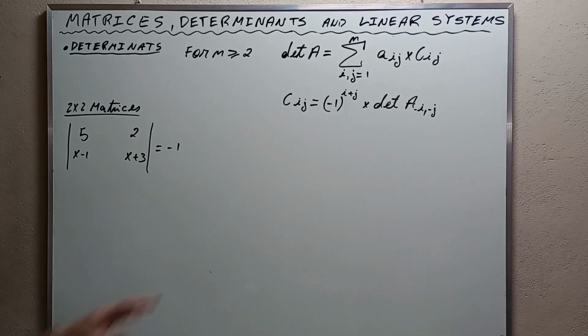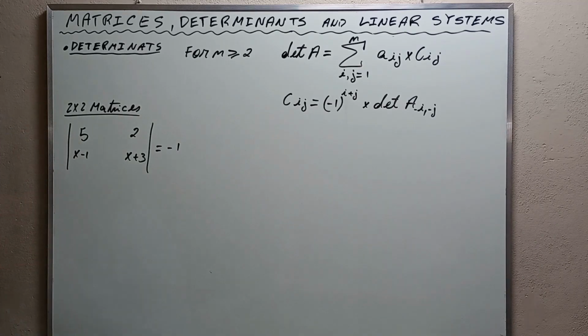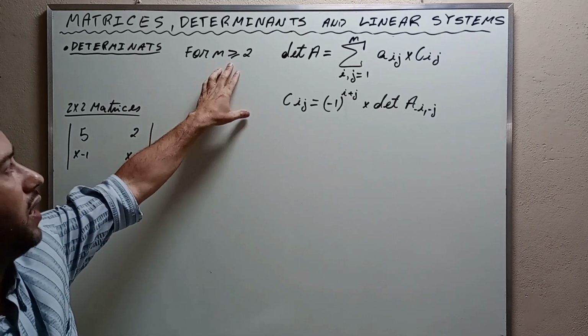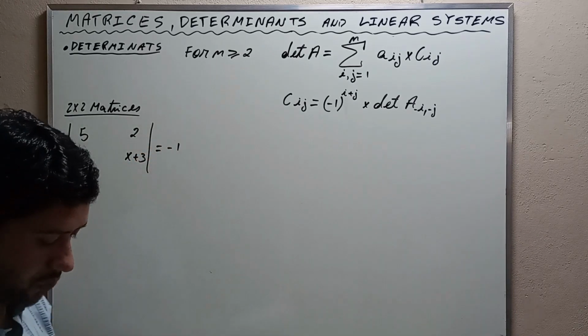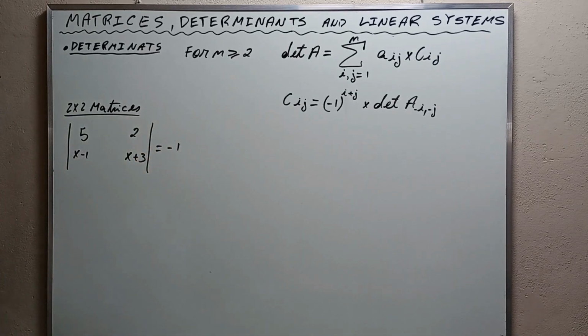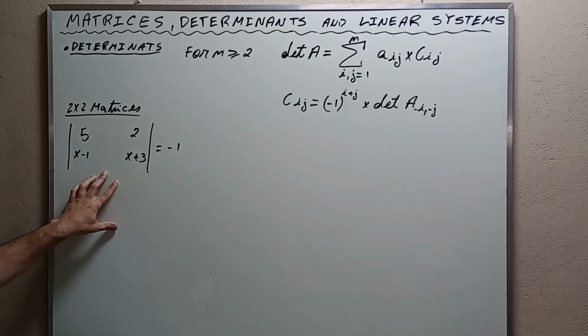And this expression is accurate for matrices of any order, provided that they are greater than or equal to 2. However, for 2 by 2 and 3 by 3 matrices, other approaches are used. Let's see this example involving a 2 by 2 matrix.